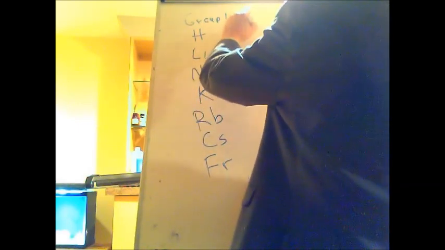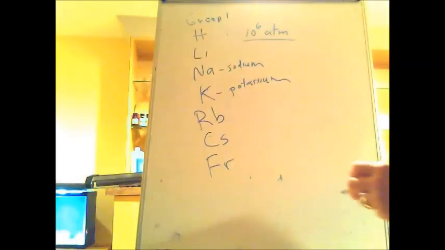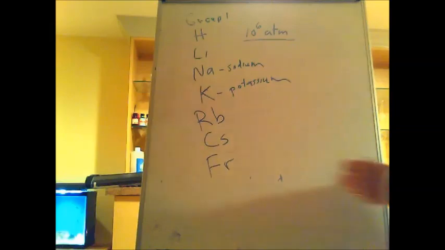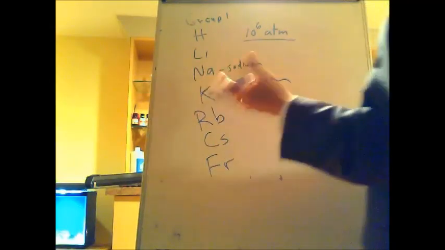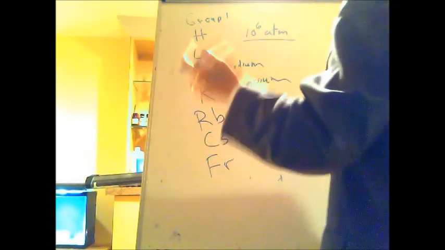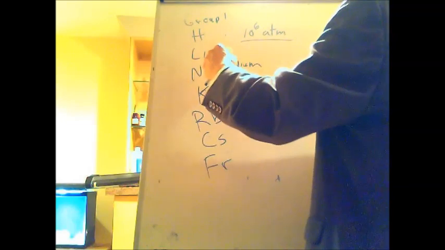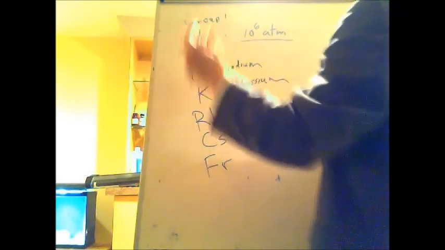Until you get up to pressures in the 10 to the 6 atmosphere range, then hydrogen actually becomes metallic, which is very interesting. We know this because we've actually made metallic hydrogen at pressures of 1 million or more atmospheres, and you can actually observe it.